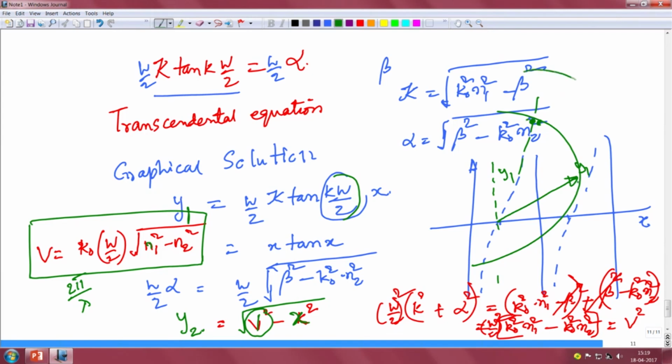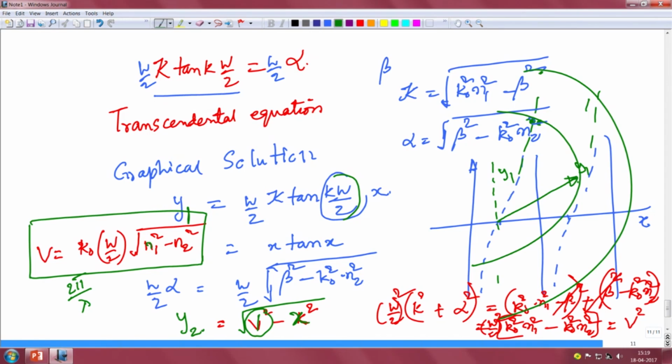If the radius is bigger, the circle will intersect the left hand side curve at more points, and we can say there are more solutions. If it intersects only one curve representing the left side, there is only one solution and we have a single mode waveguide.